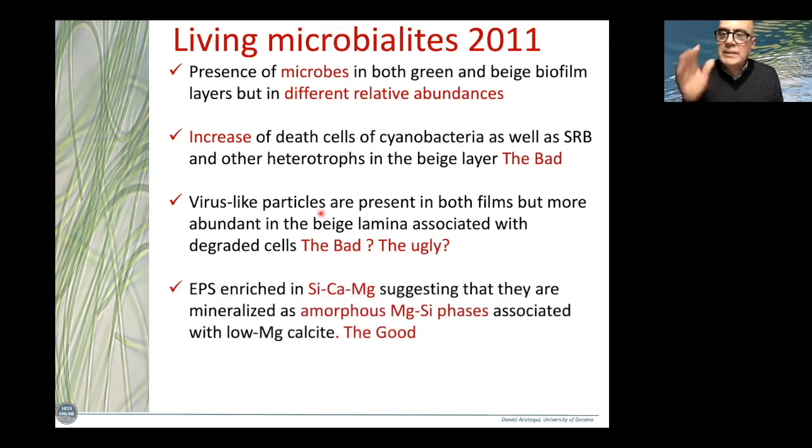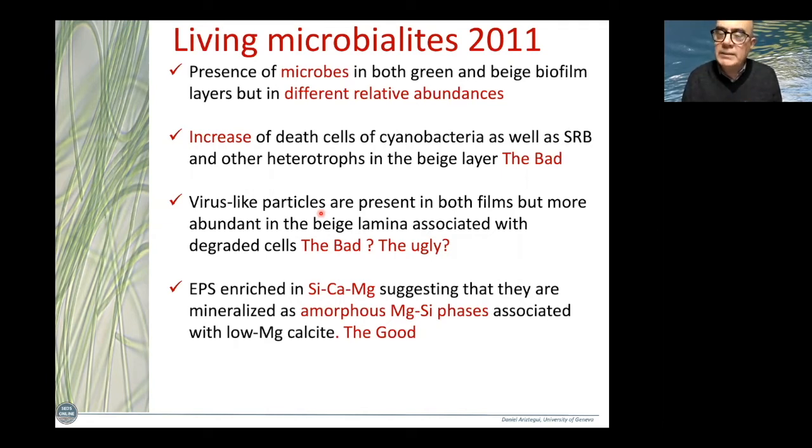There is something that I didn't have time to talk about, but that is very interesting. That is that these EPS are enriched in a phase that is silicium, calcium, and magnesium. Remember that I mentioned that there were pieces of diatoms that are broken.